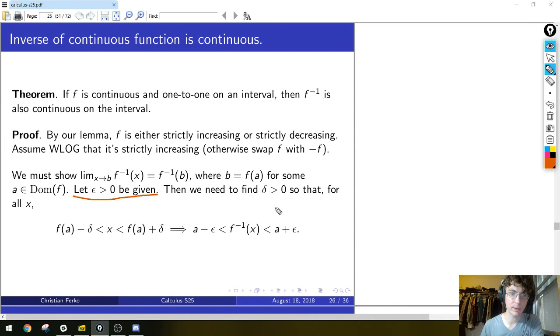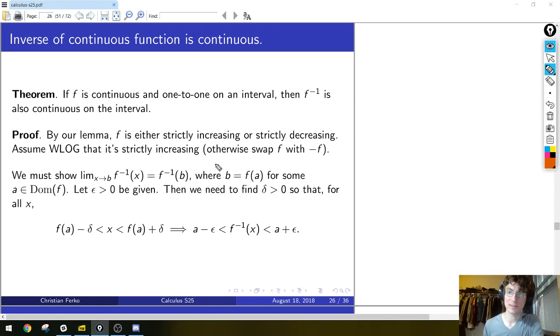Now I'm going to write out the definition because it looks a little tricky because of the inverse functions. So notice that we're trying to show that if you choose delta such that the input to the inverse function is delta close to b, which is f of a, then the output, which is f inverse of x, will be epsilon close to f inverse of b, which is a.